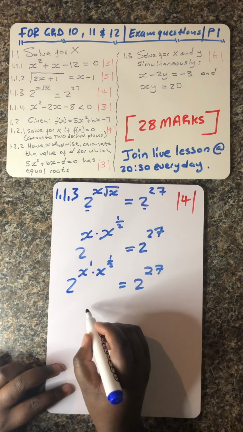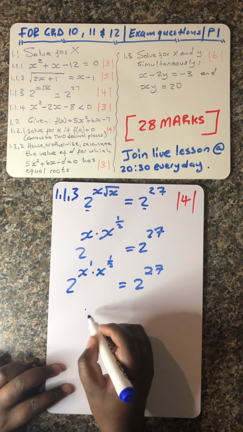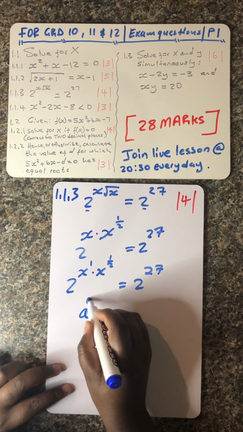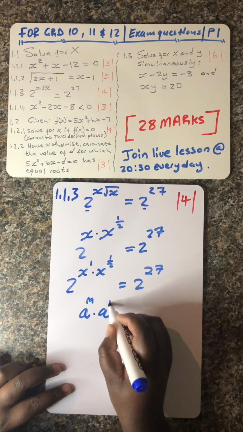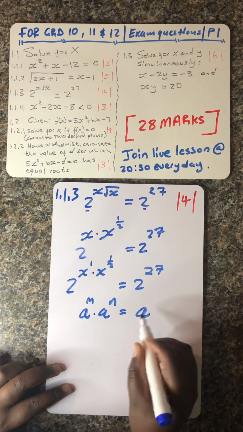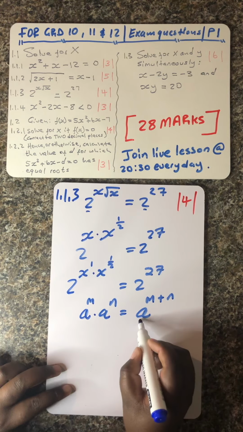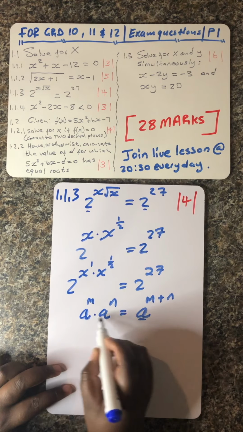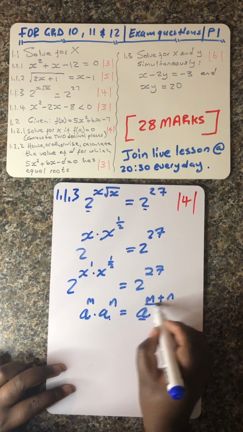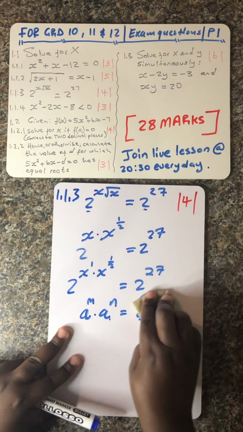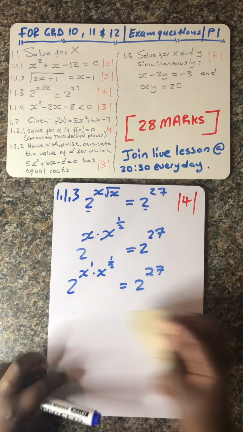You remember that rule, I think it was a to the exponent m times a to the exponent n equals a to the exponent m plus n. Why? Because the bases are the same, so you can just write a and then you add the exponents. So we're going to apply the same rule even on this question.